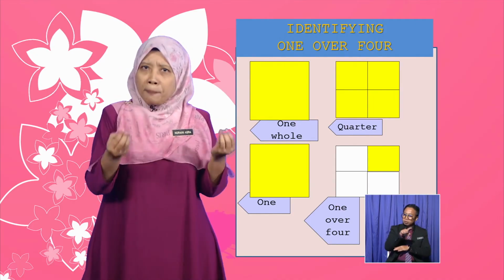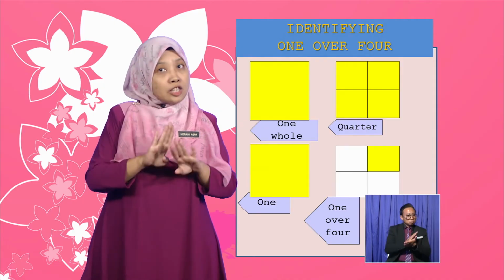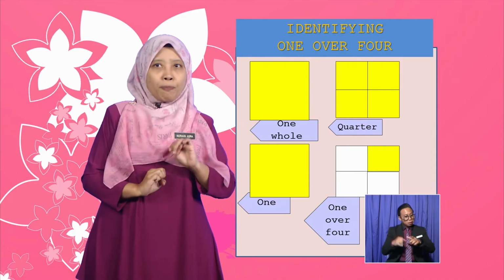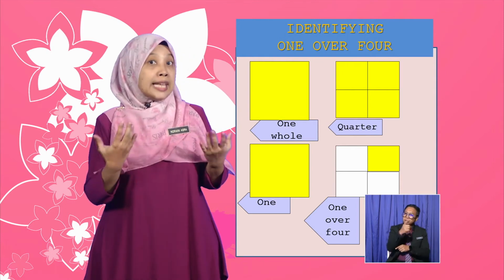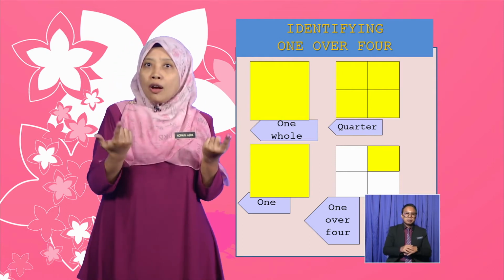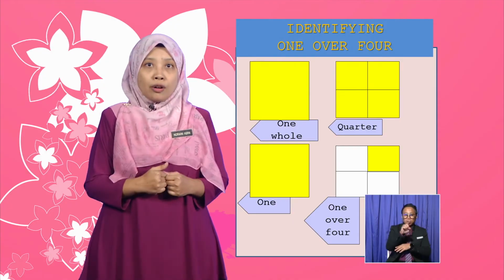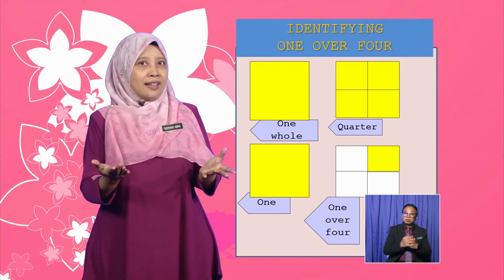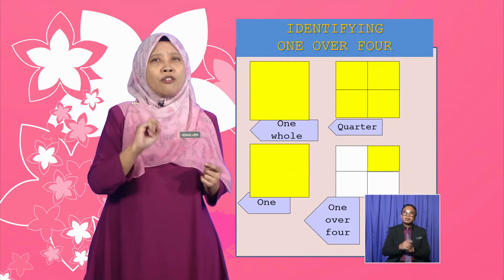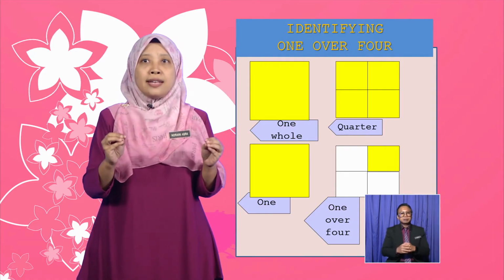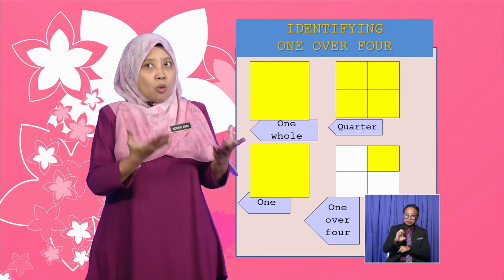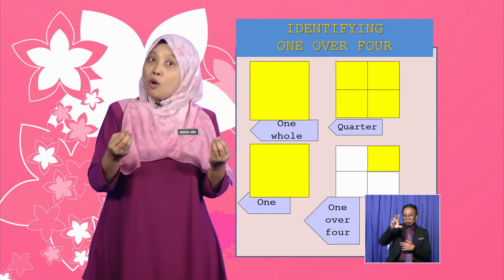Meanwhile, a piece of paper that is folded into 4 parts equally, with one part of it colored, we call it 1/4. Is that clear? One part from 4 parts that have the same size is called a quarter, or 1/4.